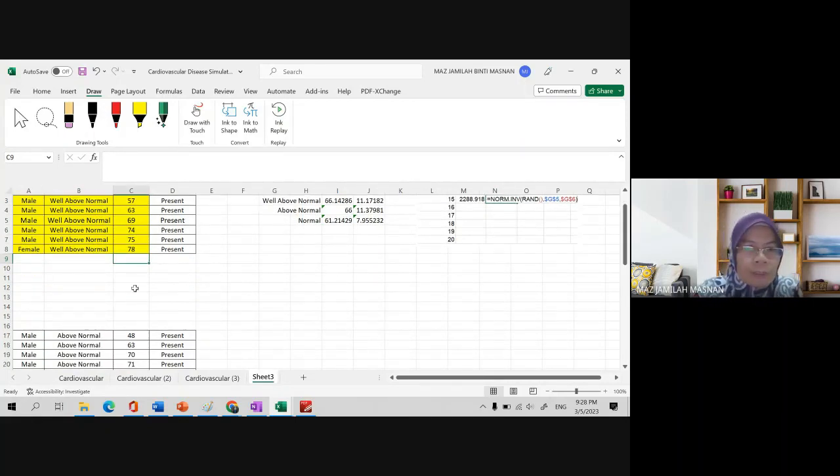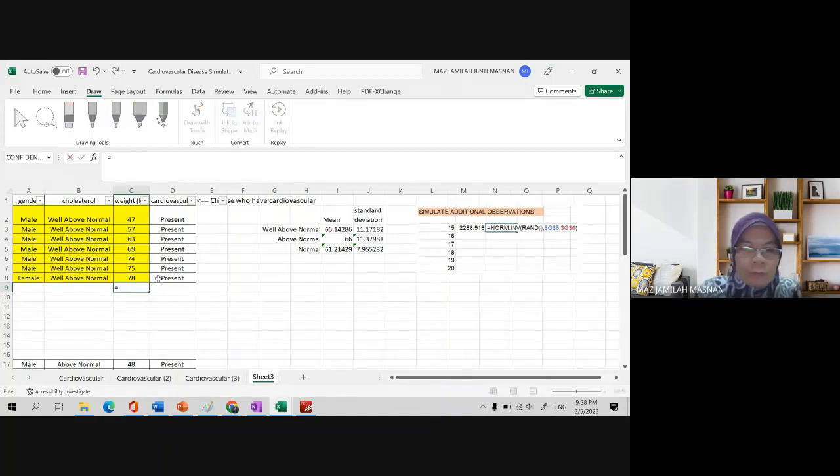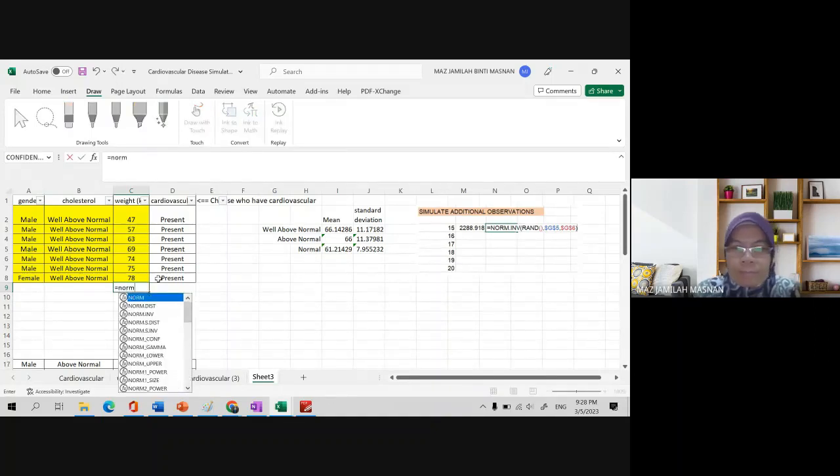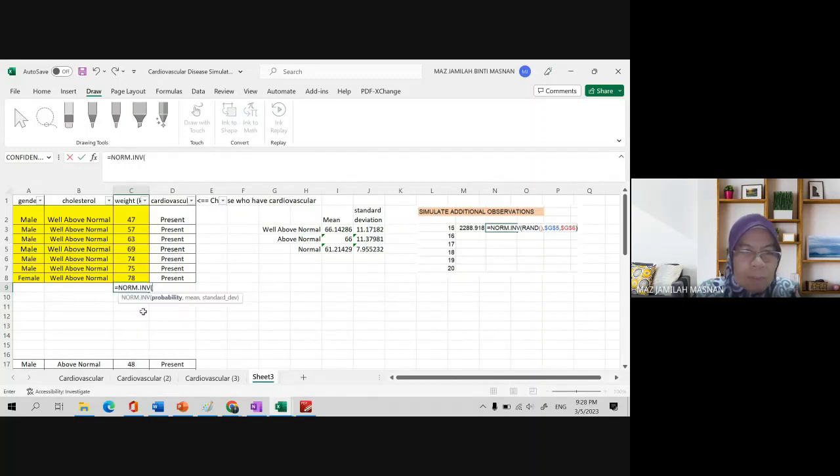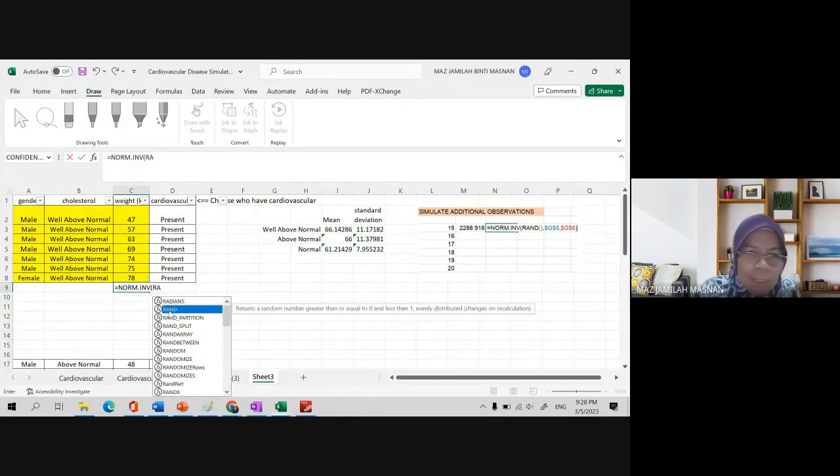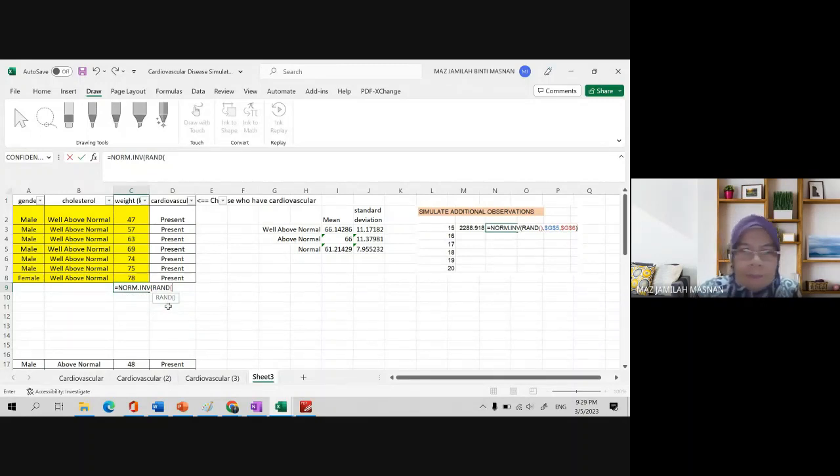You type equal to NORM.INV, double click, and then for the probability just type RAND, double click, following exactly.